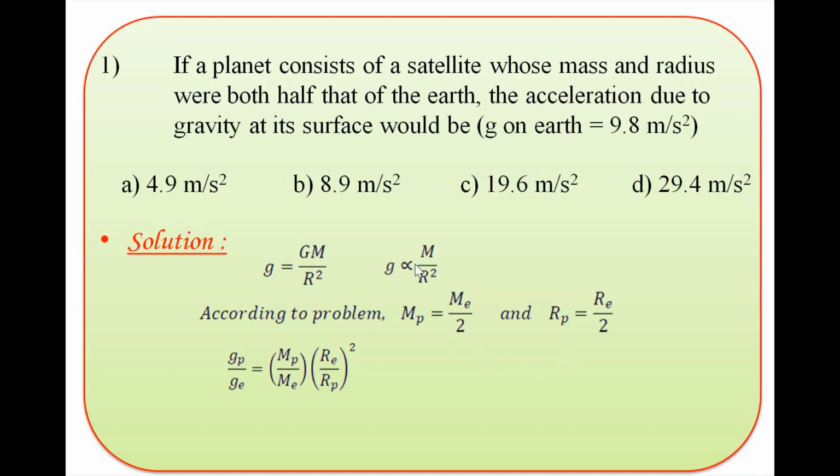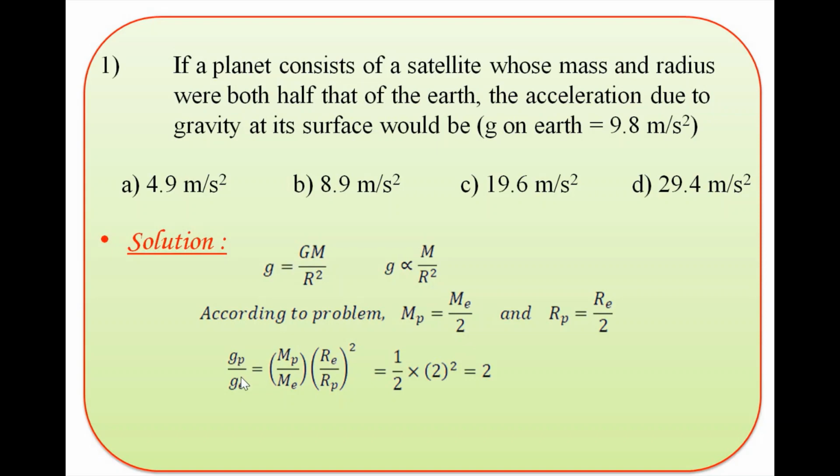Putting this value in the equation, we get Gp divided by Ge is equal to the bracket Mp, mass of the planet, divided by mass of the Earth, into the other bracket, radius of the Earth divided by the radius of the planet, squared. We get 1/2 into 2 square, which is simple calculation, and the value is 2.